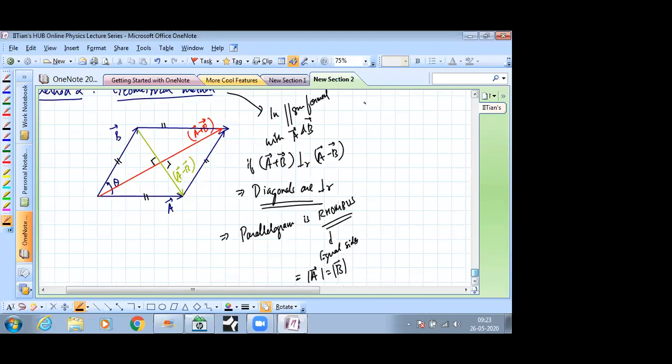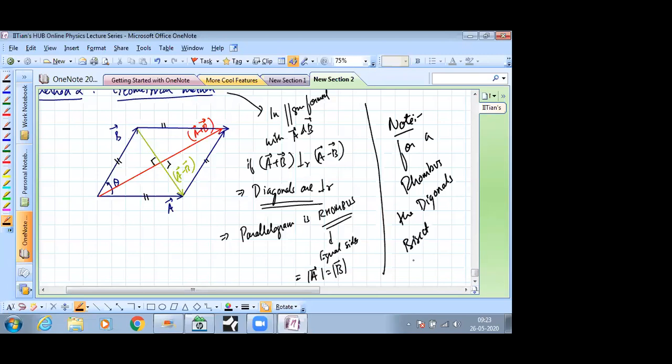The important property of rhombus here is, for a rhombus, the diagonals bisect perpendicularly.